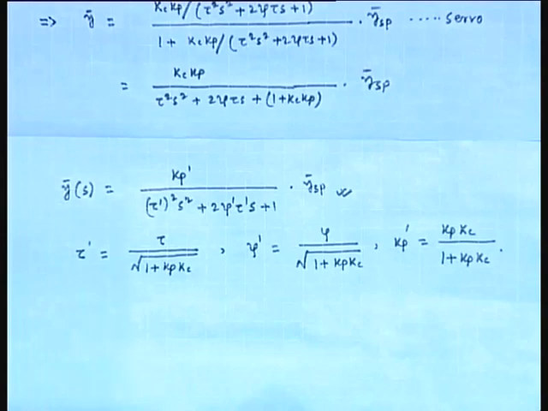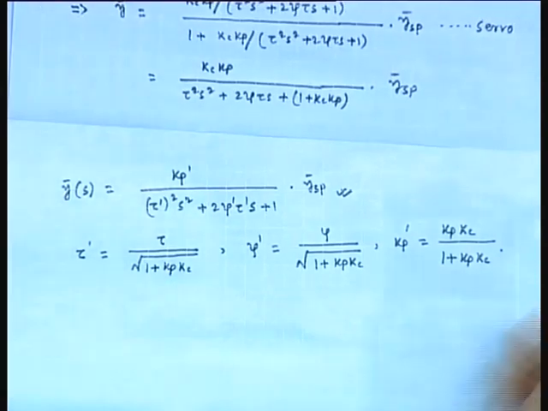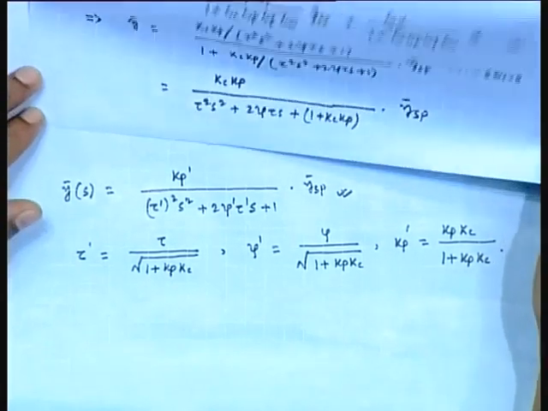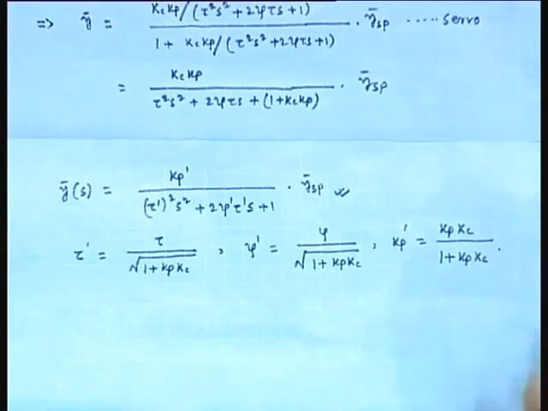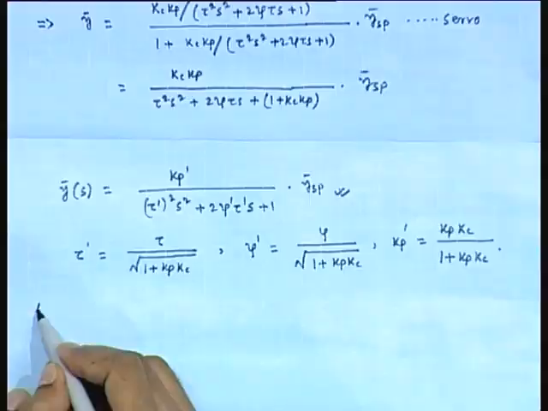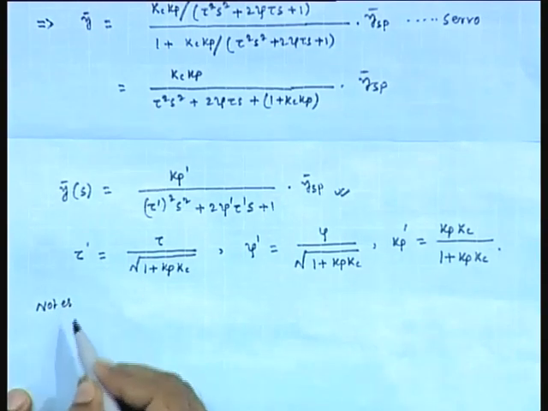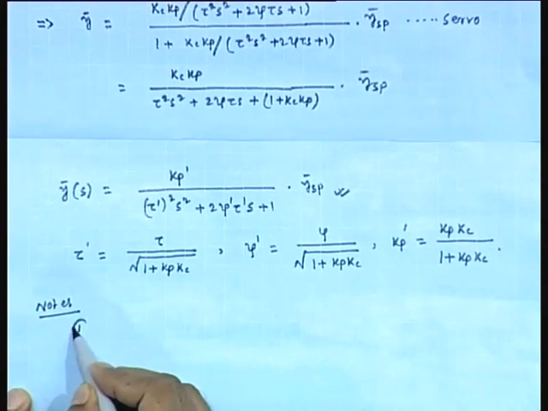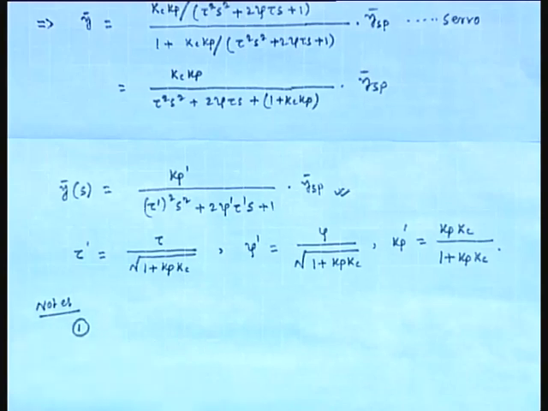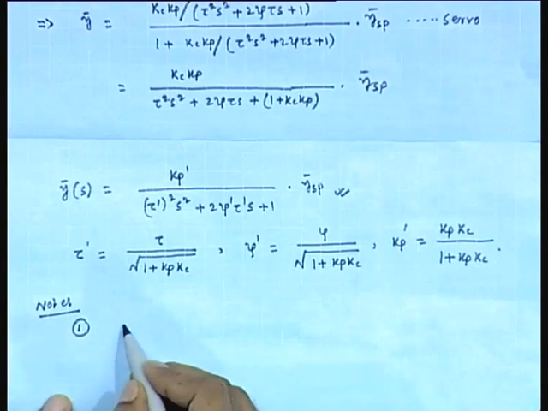Now we will conclude. Due to the inclusion of proportional controller with the second order process, the order does not change, the order remains the same. We will note down a few points. First, there is no change of order of the overall system.